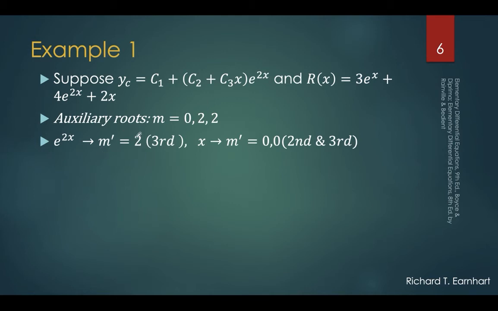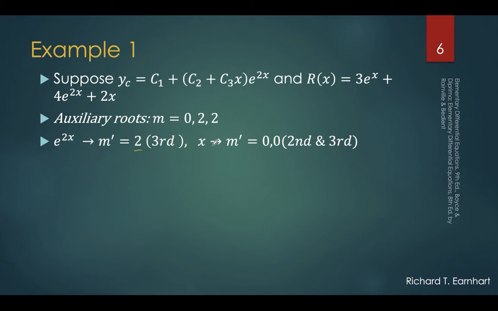So in r of x, we have e to the 2x, okay. The root is 2, also 2, and since we have repeated roots in the auxiliary equation, this will now be considered as your third root.